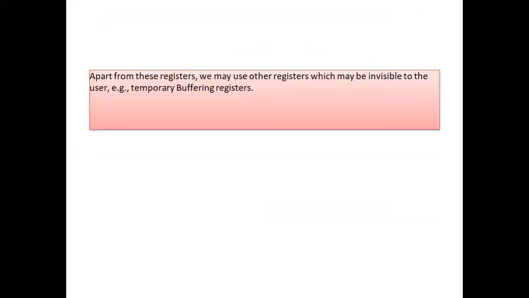So apart from these registers, we also have some other registers, like the temporary buffer register और बहुत सारे हैं.